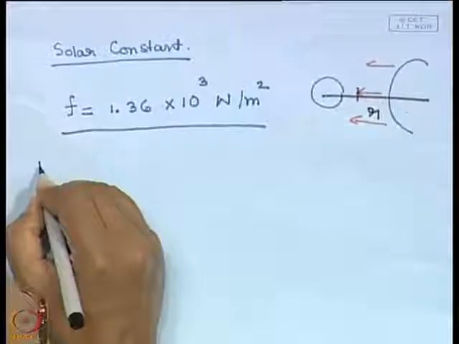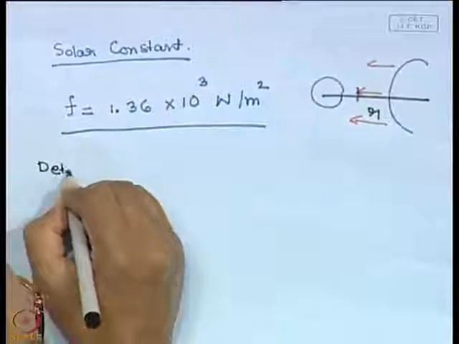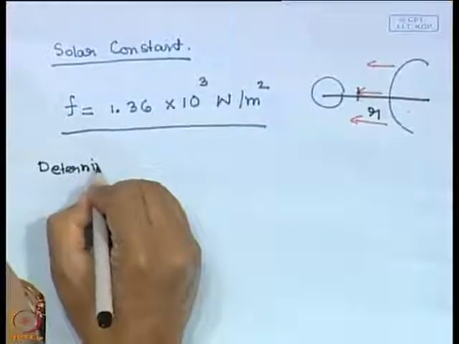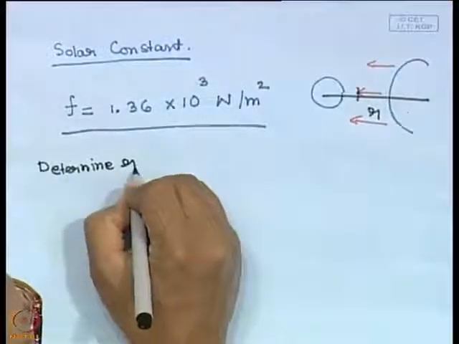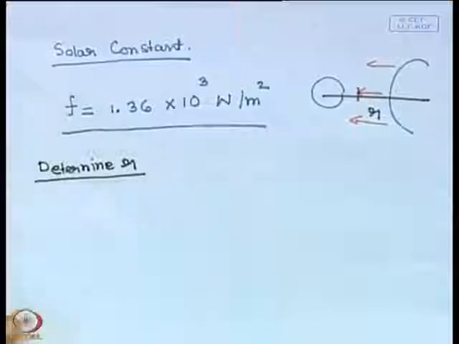I leave it as an exercise for you to look up the literature and see how the value of this r, the earth sun distance, is determined. Look up the literature and find out how the earth sun distance can be measured.